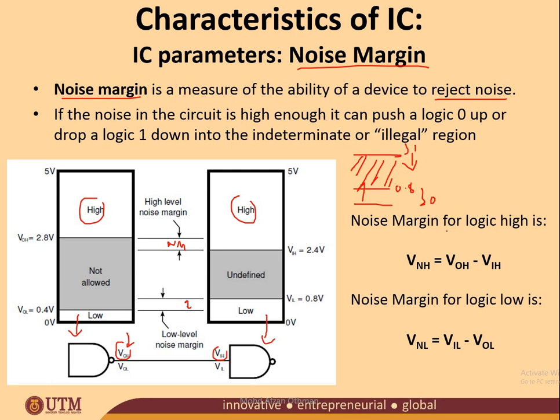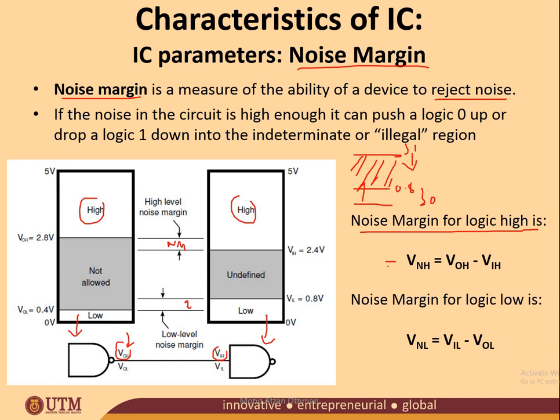So here you can see the formula. Noise margin for logic high is VNH equals VOH minus VIH. Noise margin for logic low is, similarly, VNL equals VIL minus VOL.